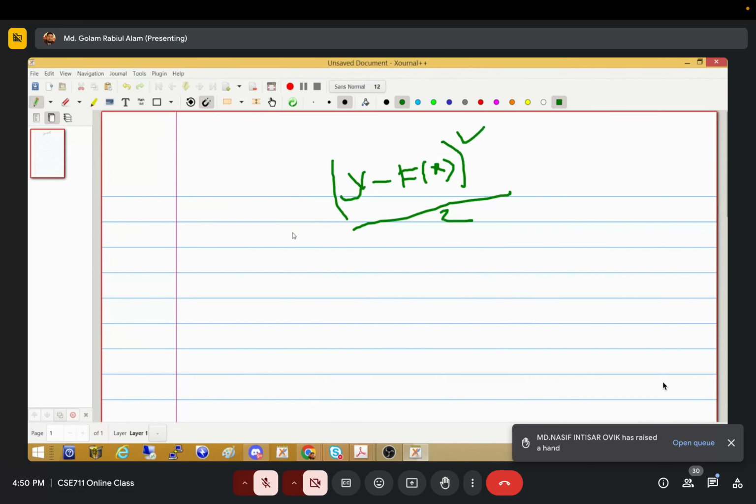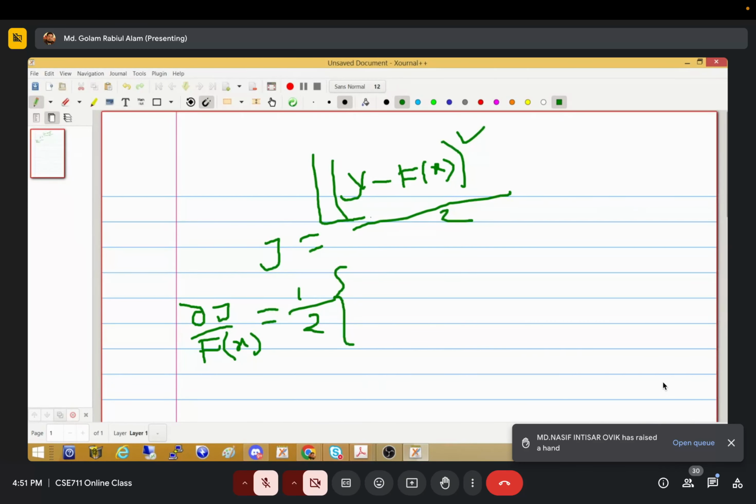So if we consider this is our J, and we are taking the derivative with respect to f of x, then we get the half, and for this part we have y minus f of x squared. The term is squared, that means 2 will come here, and then y minus f of x.